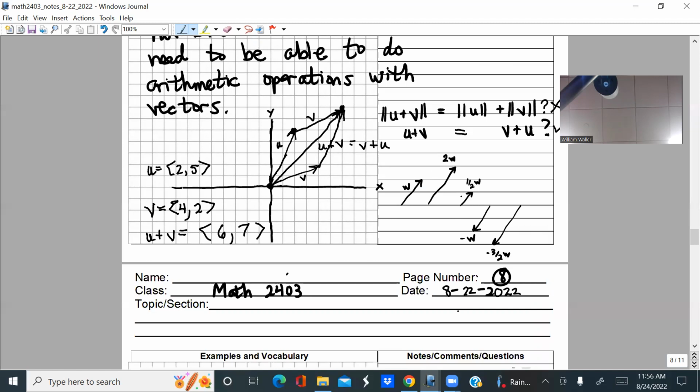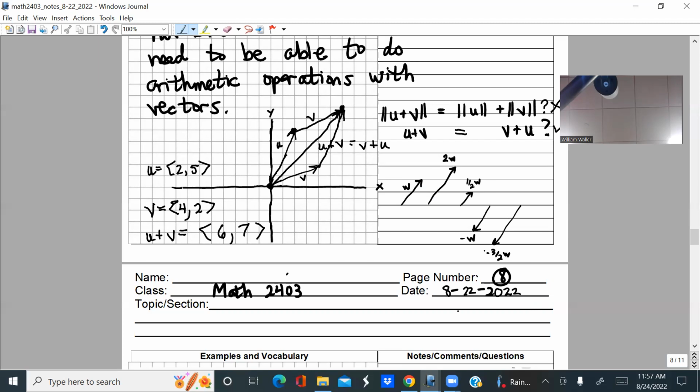And if you take the negative of W, in other words, multiply it by the scalar minus 1, you're going to reverse the direction of the vector. You just flip it in the completely opposite direction. So if this is the direction of W, then the direction of minus W would just be 180 degrees from that.